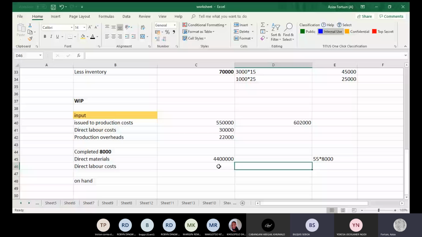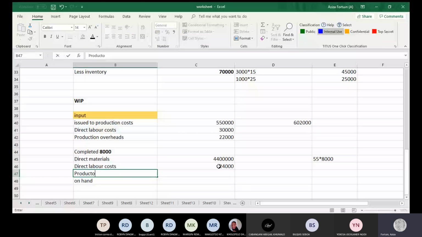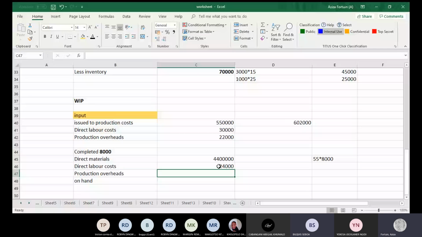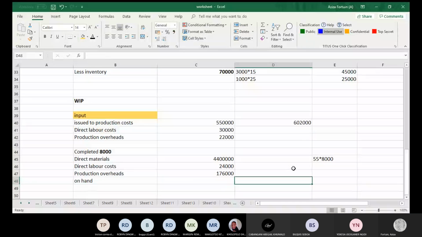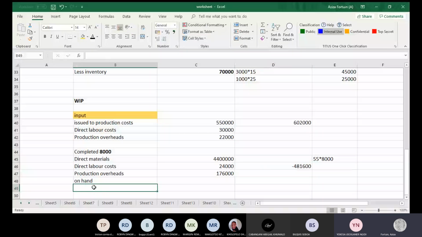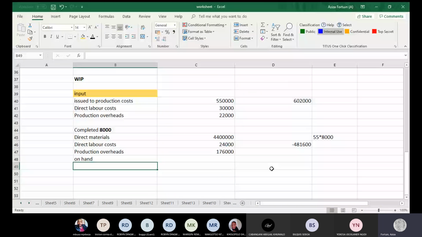And the production overheads are also given, and that is 17,600. If you tally that up, you will get an amount of 481,600.